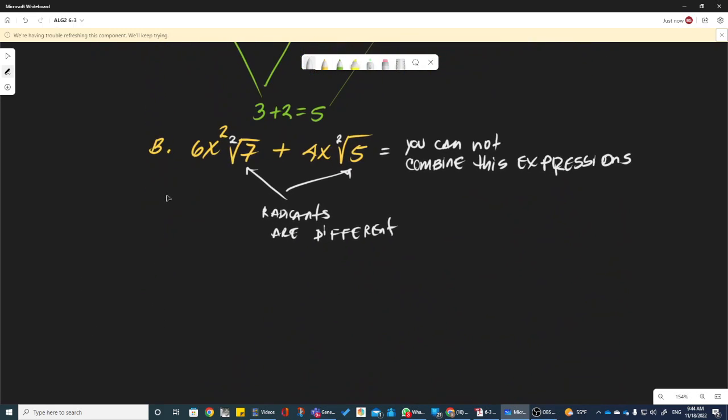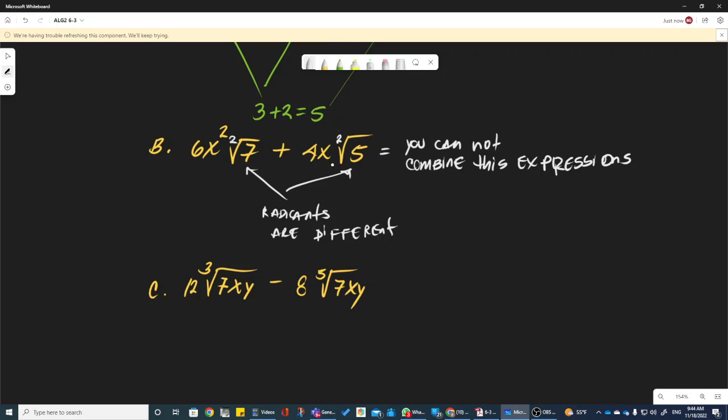Okay, so let's do one more. Exercise C. 12, and then the cubed root of 7xy minus 8, and then the fifth root of 7xy.